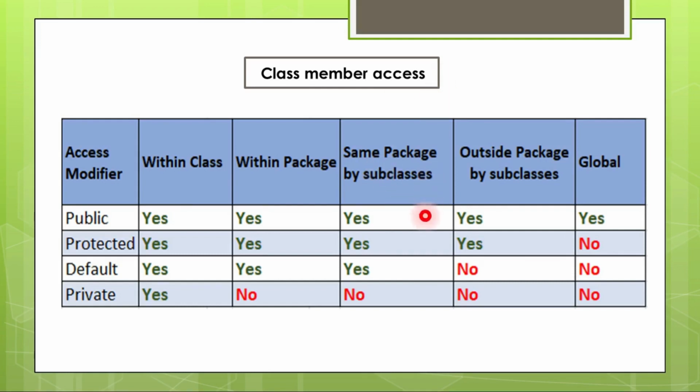Even though there is a relation, there is some restriction. If the base class has made any property private, then even though there is a relation with flat B, those members who belong to flat B cannot access the variables or functions that belong to class A. For example, in class A, if there is a variable private int A, then even though within the same package you have a class that is inherited from this class, still they cannot access.